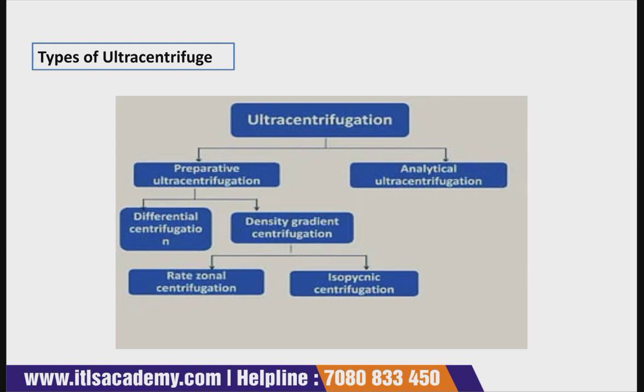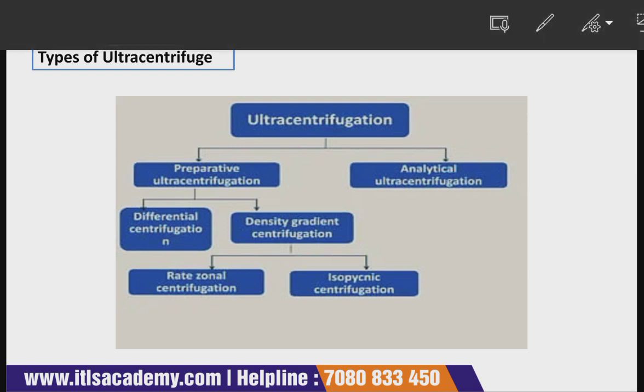If you see this diagram or table, here you can see the types of ultracentrifugation. Ultracentrifugation is divided into two: the first is preparative ultracentrifuge and the second is analytical ultracentrifuge. Then preparative is further divided into differential centrifuge and density gradient centrifuge.